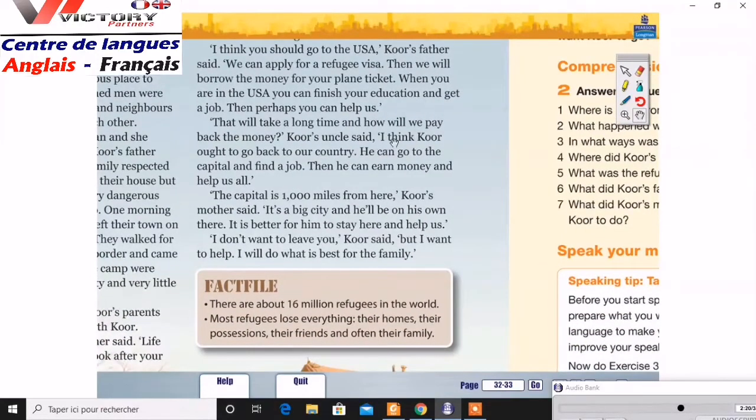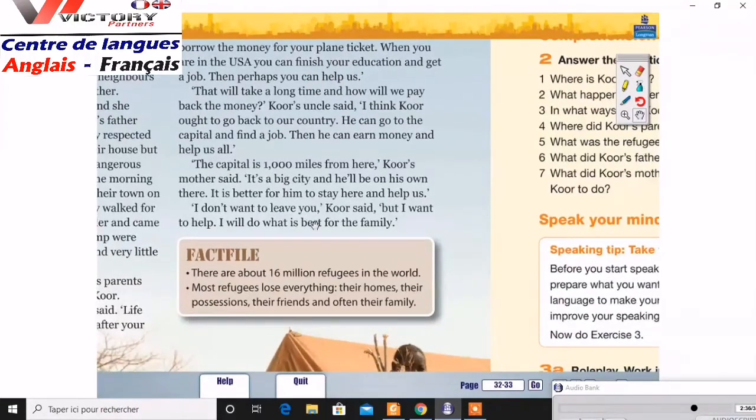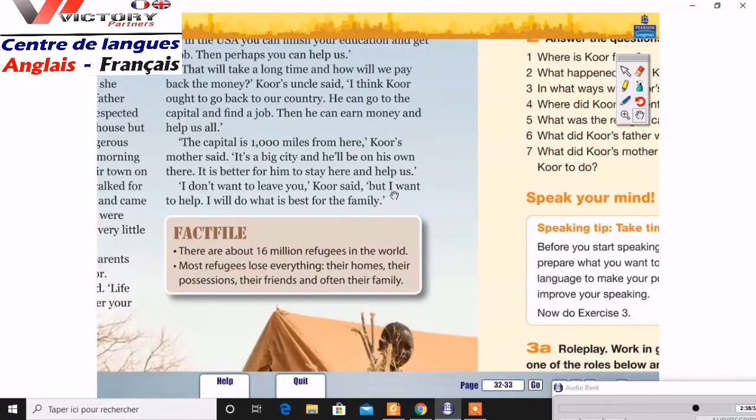"That will take a long time. And how will we pay back the money?" Cour's uncle said, "I think Cour ought to go back to our country. He can go to the capital and find a job. Then he can earn money and help us all." "The capital is 1,000 miles from here," Cour's mother said. "It's a big city, and he'll be on his own there.